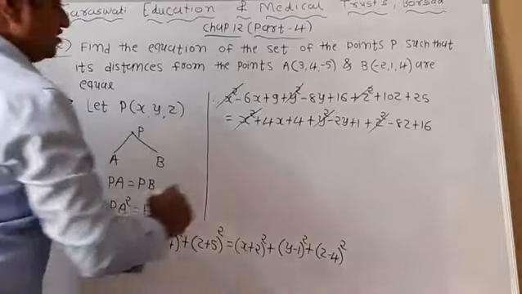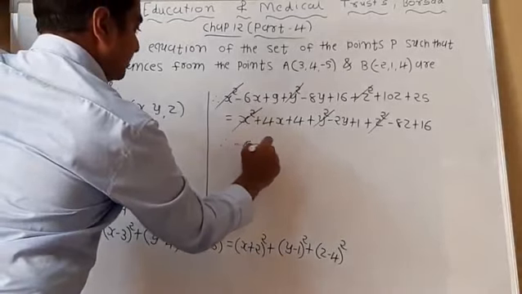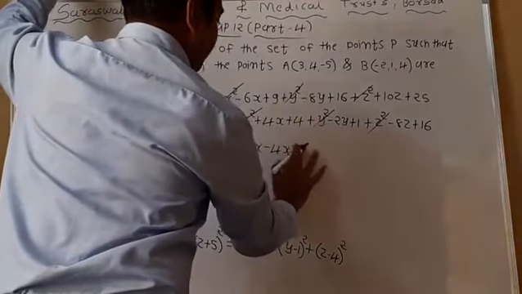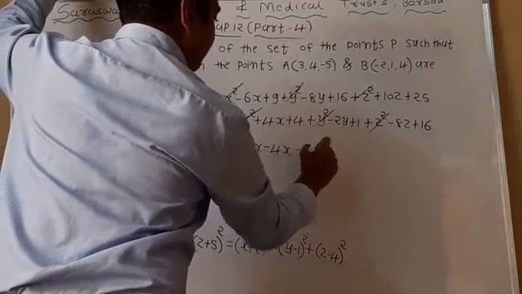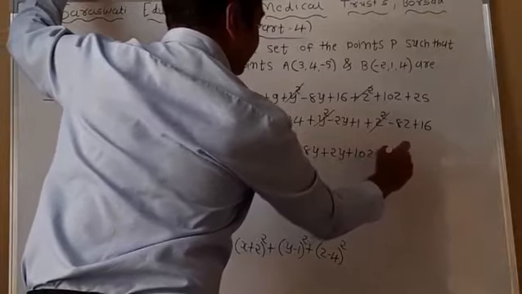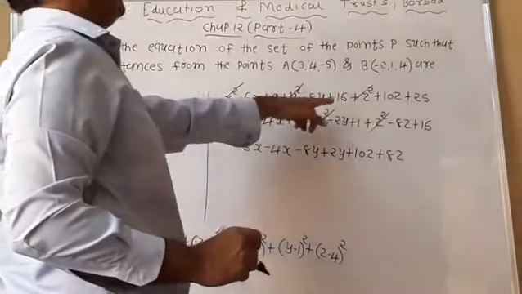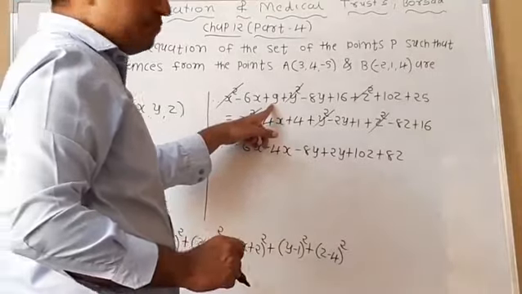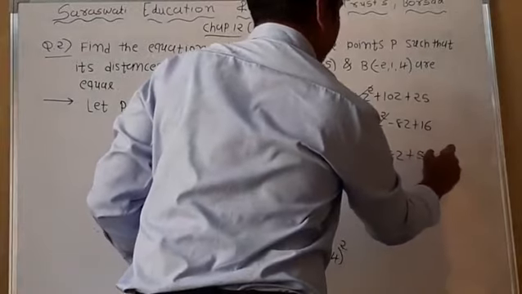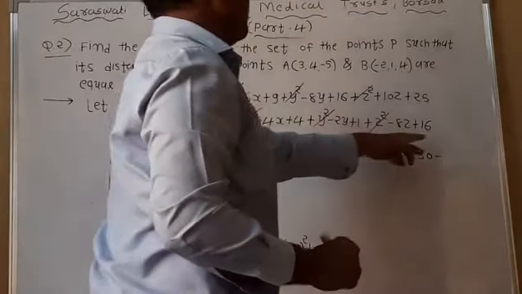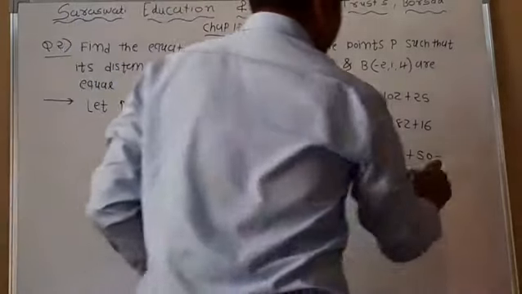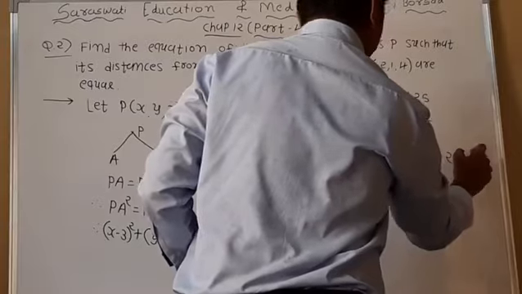So here we get the answer. Minus 6x minus 4x, minus 8y plus 2y, plus 10z plus 8z. Now 16 plus 9 means 25, add this number plus 25 means 50, minus (16 plus 4, 20, plus 1) 21 is equal to 0.